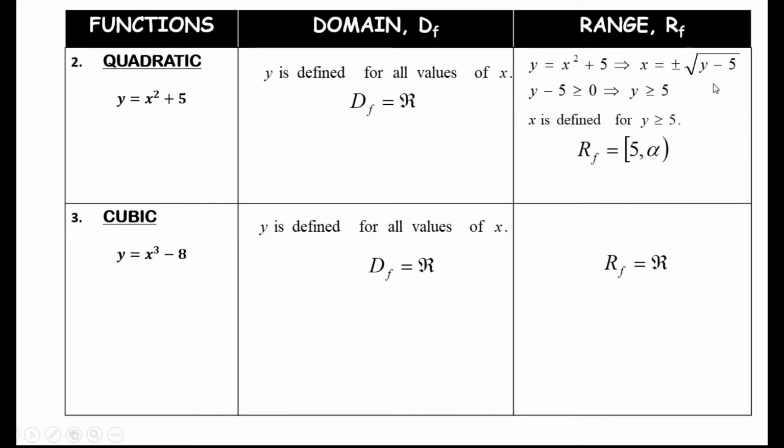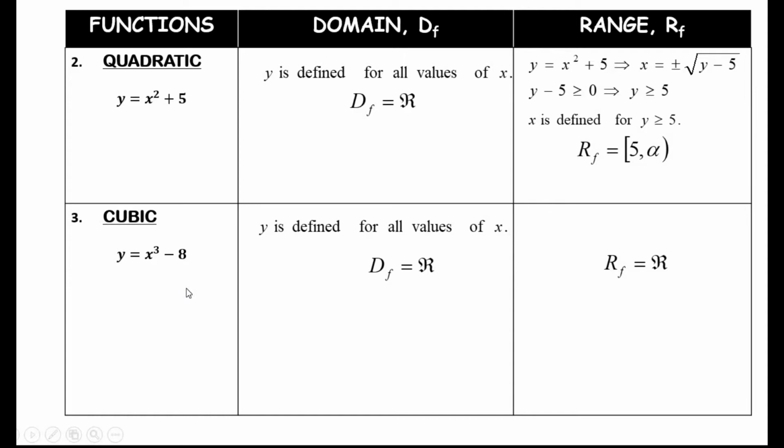So this is a square root function, and there is a condition: y minus 5 should be greater or equal than 0. So y should be greater or equal than 5. Therefore, the range of f is y greater or equal than 5, or 5 to infinity.